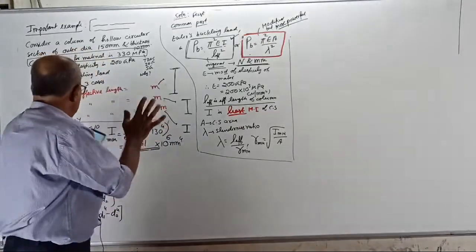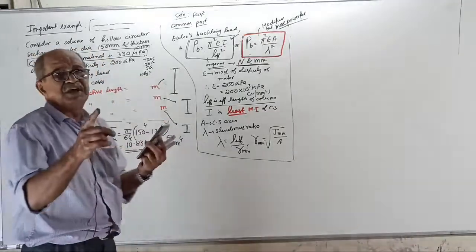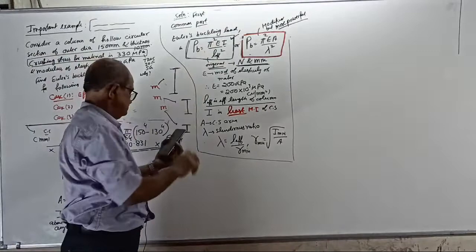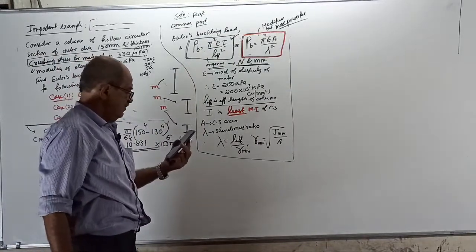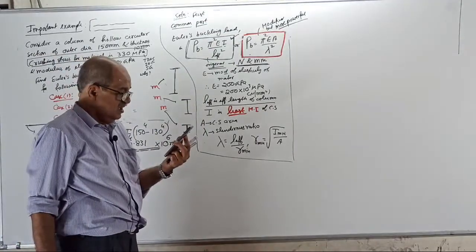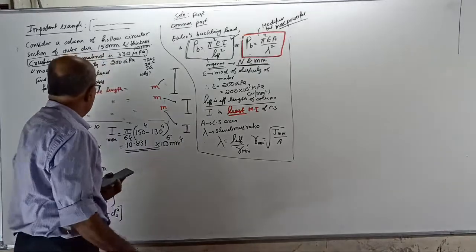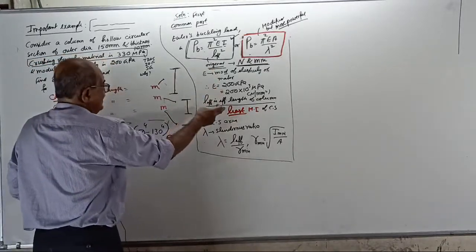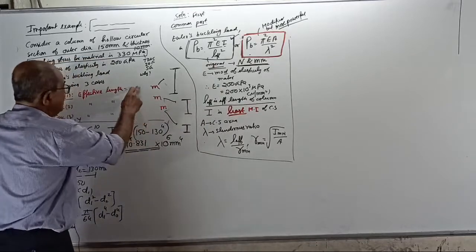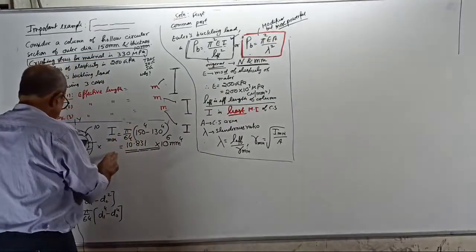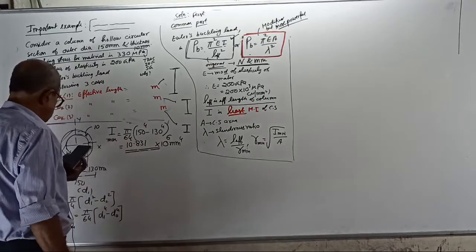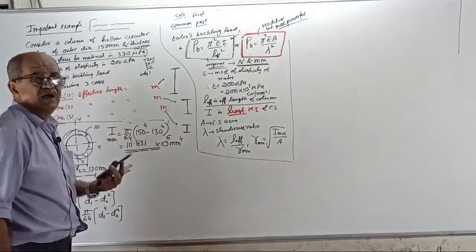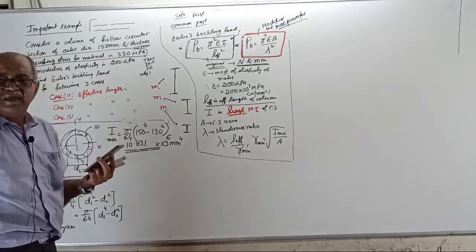This much data is sufficient if you use the original formula. This formula. This data is not required; I already wrote E here. L-petty I am giving. This much data is not required. I is not required.